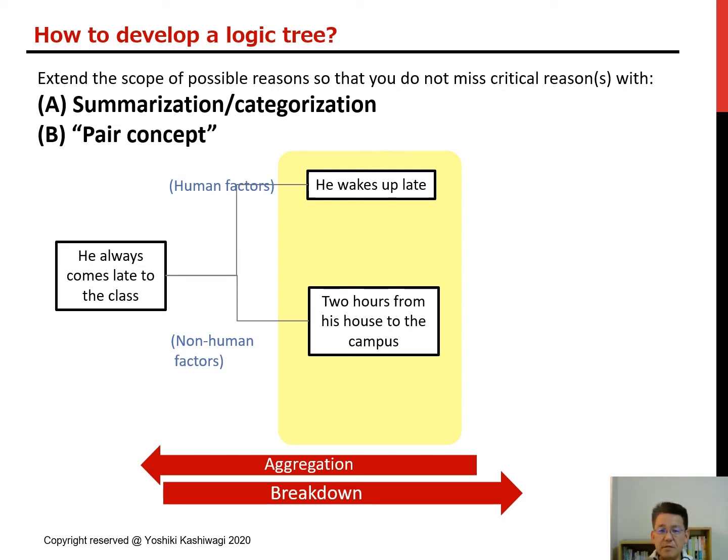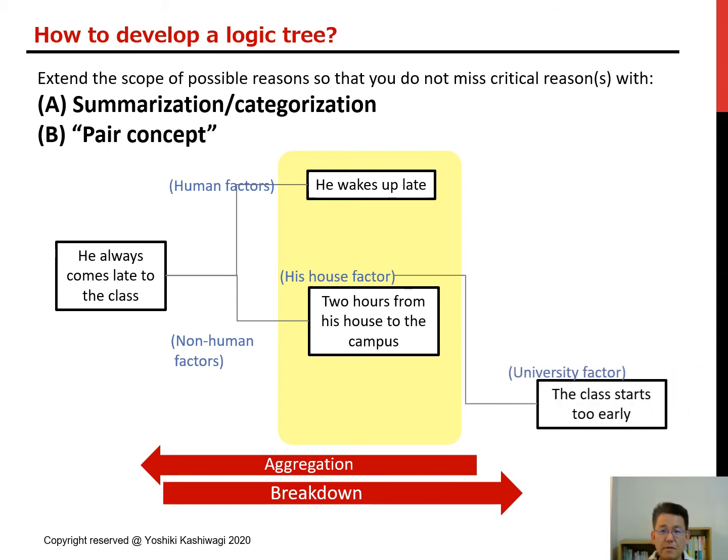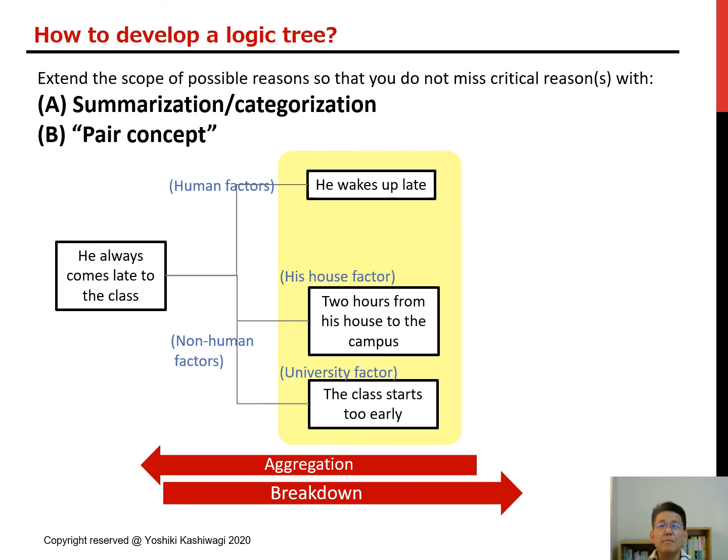The distance from his house can be the one reason, but there must be another reason under this category, non-human factors. This is his house factors. And you may be able to come up with another reason, which is the class starts too early. This is a reason under the non-human factors.